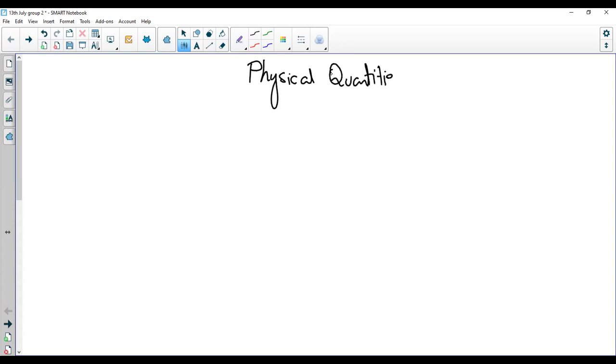In physics, all that we study from the very first lesson, distance, displacement, motion, speed, velocity, acceleration, time, then momentum, force, then work, energy, power, then temperature, current. From the very beginning of physics till the last, we are just going to discuss physical quantities.